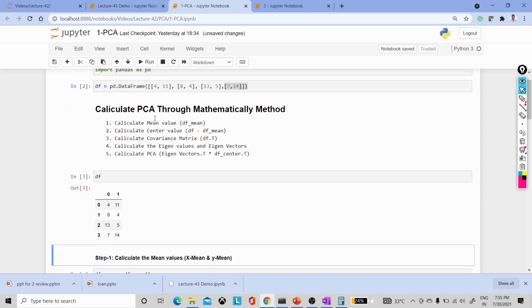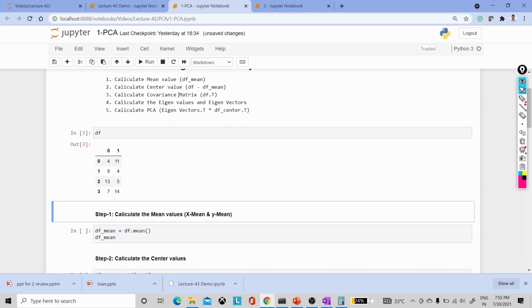So this is our data frame, this is x and this is y. From this data frame I calculated the x mean and y mean. The x mean is the sum of these values divided by the number of observations, 8, and y bar is the sum of the y feature divided by the number of observations, 8.5.